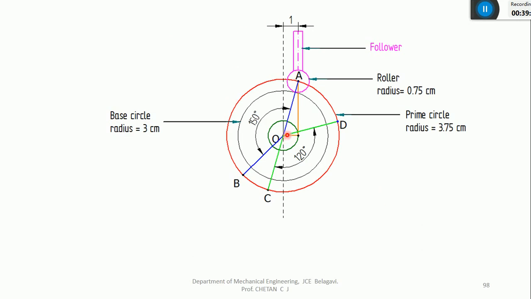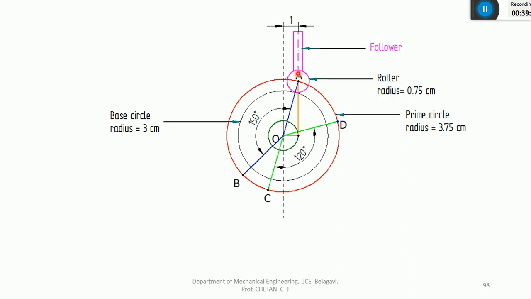And again, I'll concentrate on this outstroke angle, that is 150, and the return stroke angle, 120. I'll not worry about these two dwell angles. After this, again follow the same steps. I'll divide this outstroke angle, that is AOB, that is 150, into 6 equal parts. 150 by 6, again 25.